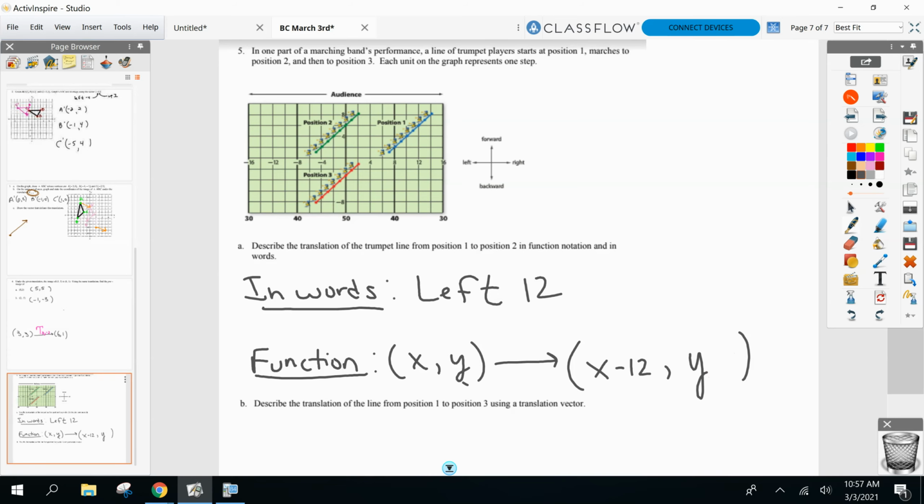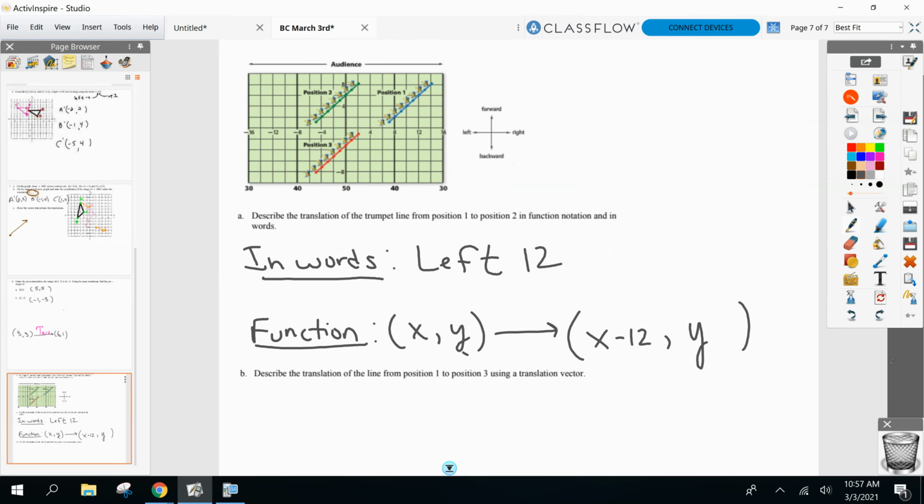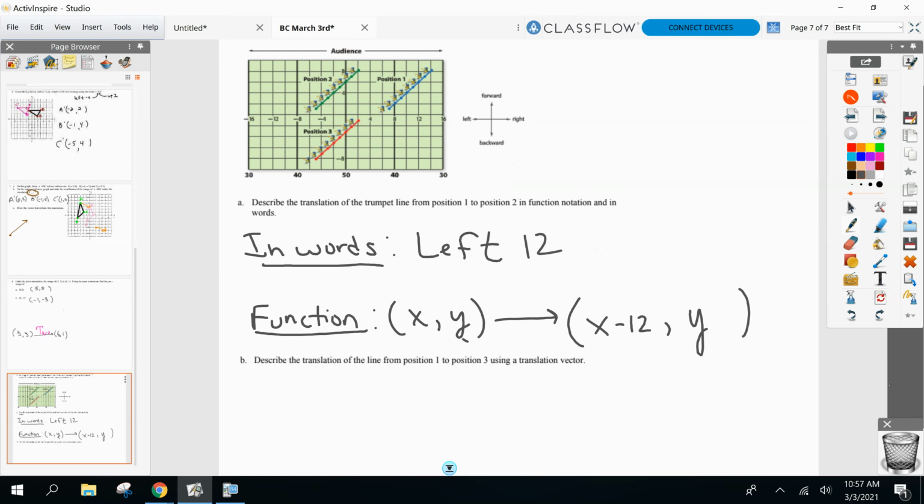And last question for you. Now go from position 1 to position 3 for me, but write it as a translation vector. Okay, write it as a vector now.